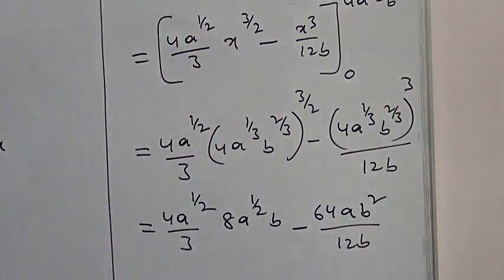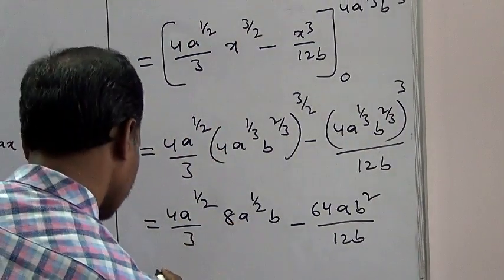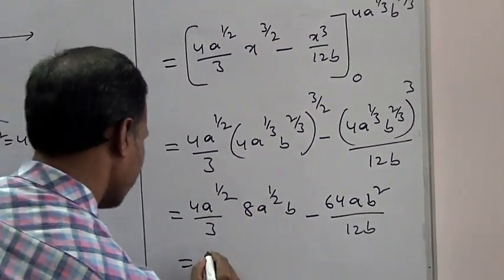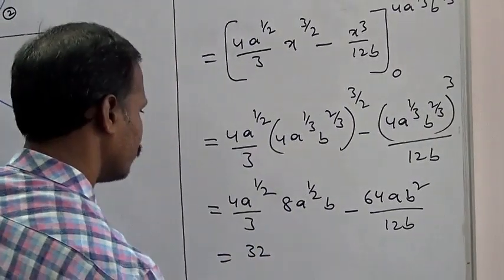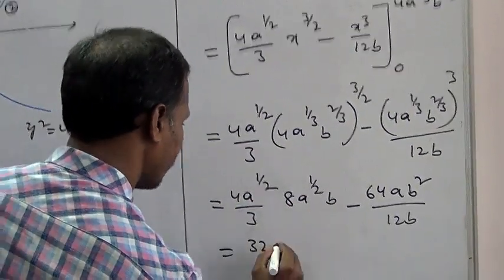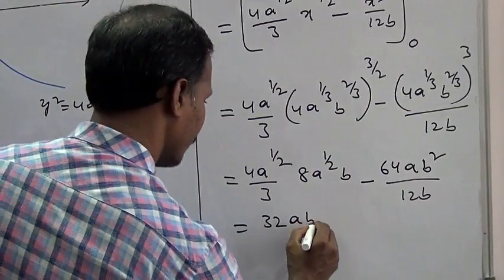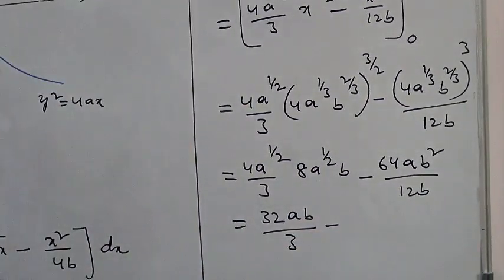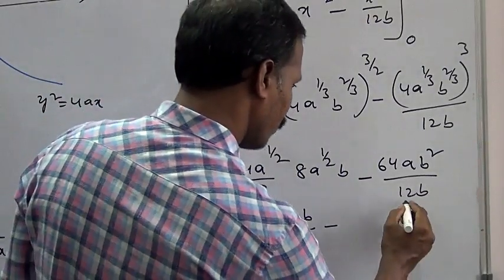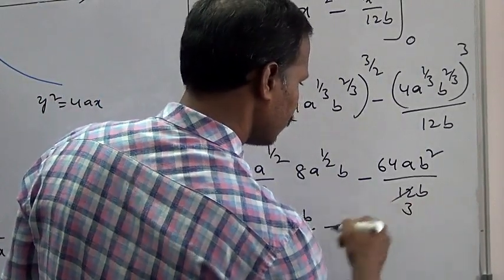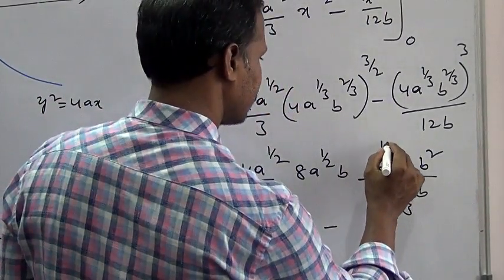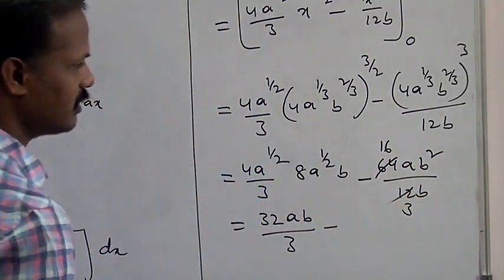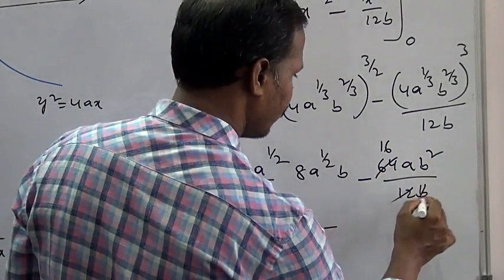Now this is 4 into 8, 32. A power 1 by 2 into a power 1 by 2 is a, into b by 3, minus. Now 4 3s are 12, 64 by 12 is 16 by 3, and here one b will be cancelled.